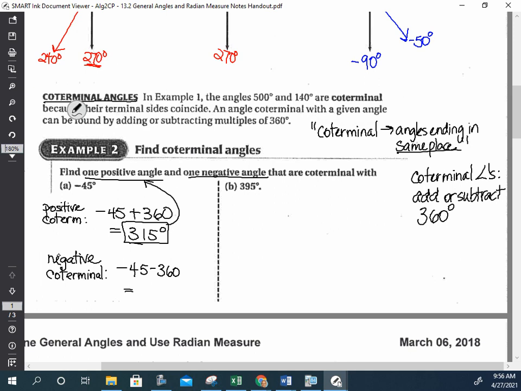So negative 45 minus 360 is negative 405 degrees. There's your negative angle. That's it.